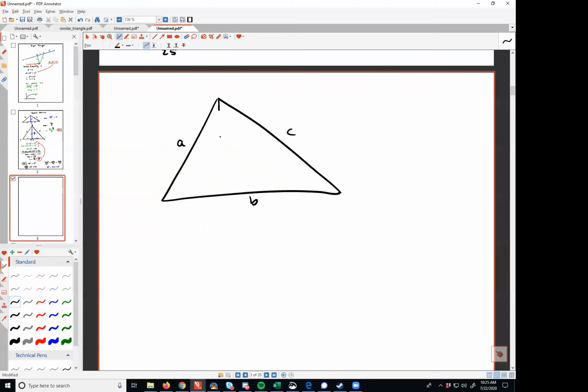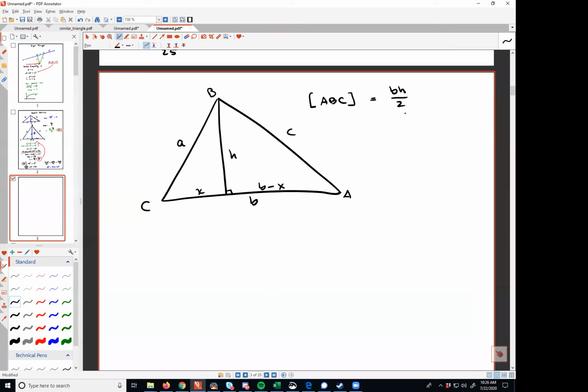And we're going to draw an altitude. We're going to call it H. And then we're going to split the base into X and B minus X. And we know that the area of this triangle is base times height divided by 2.